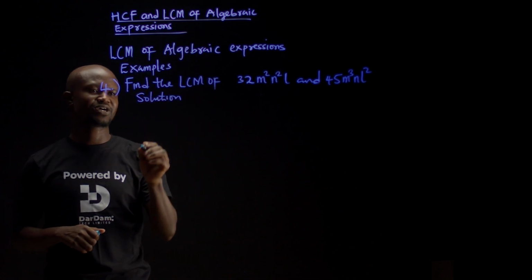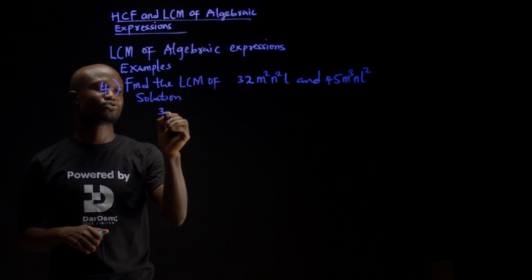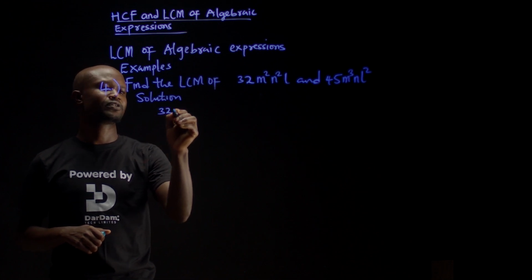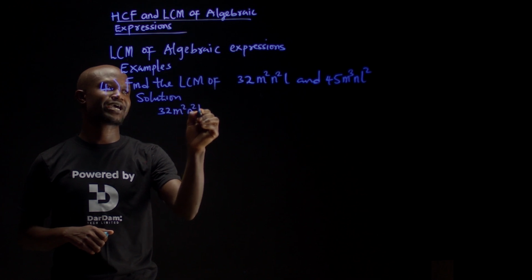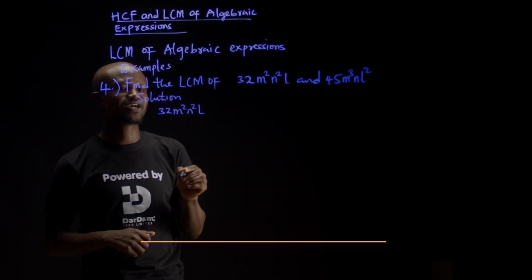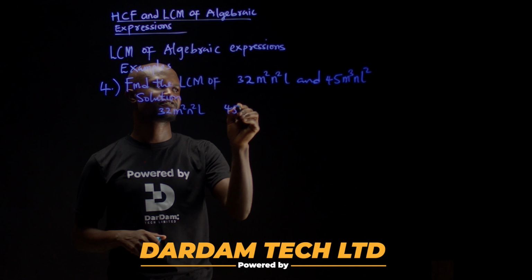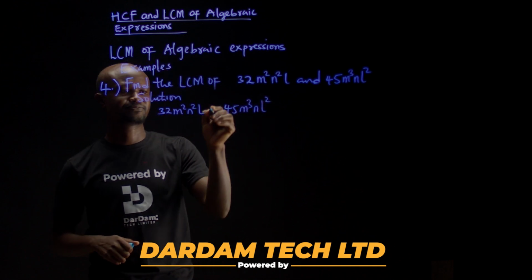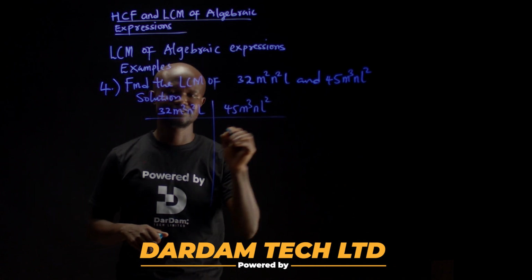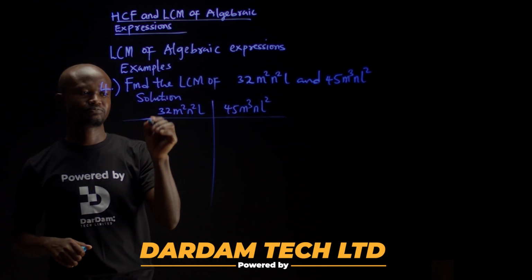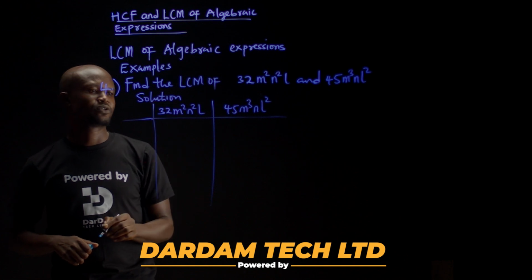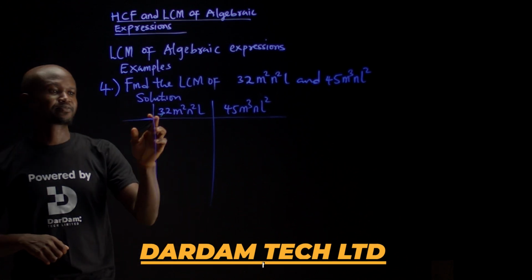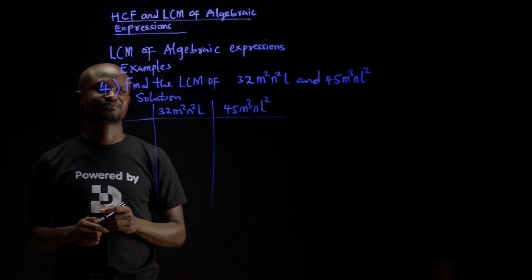In this case, we have 32m²n²L and 45m³nL². I want to find the LCM. So here, 32 and 45.